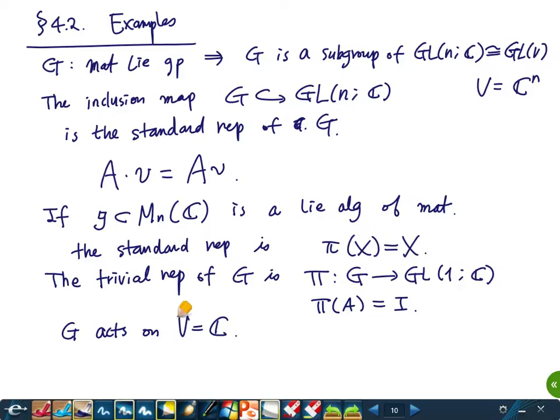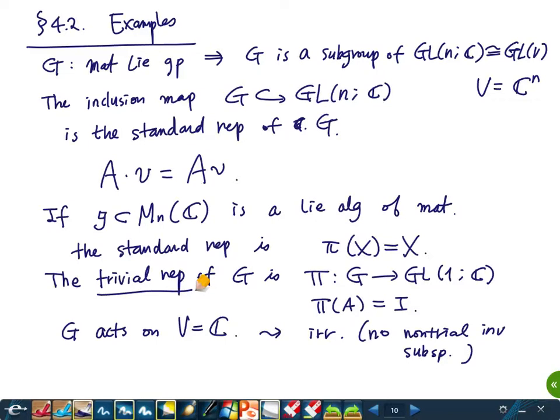A subspace is just 0 or the whole space. So it's clearly irreducible. So the trivial representation is an example of an irreducible representation.